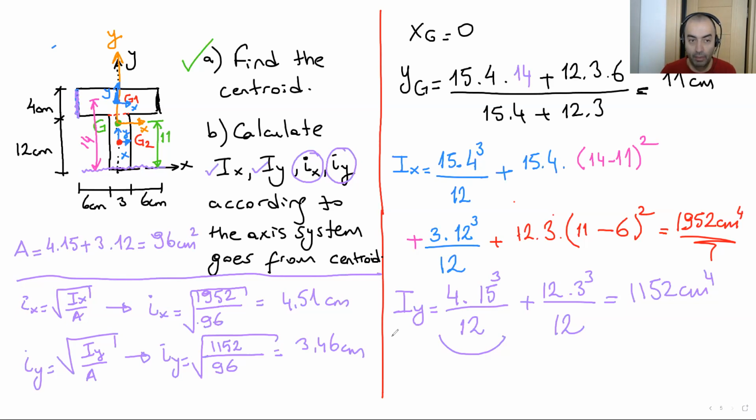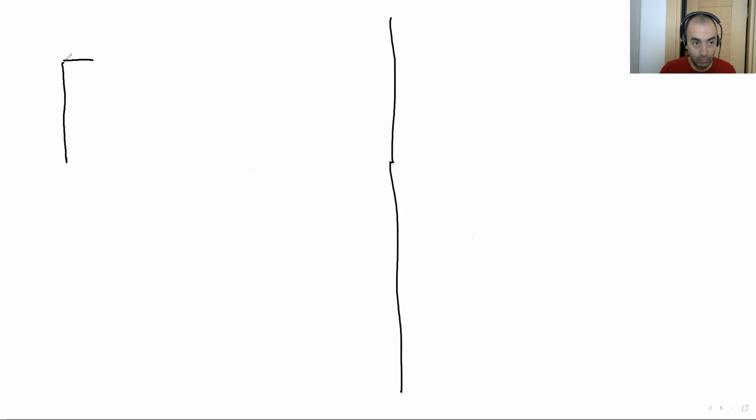One more example. Here we have a box section. Box section means there's an opening at the mid portion.